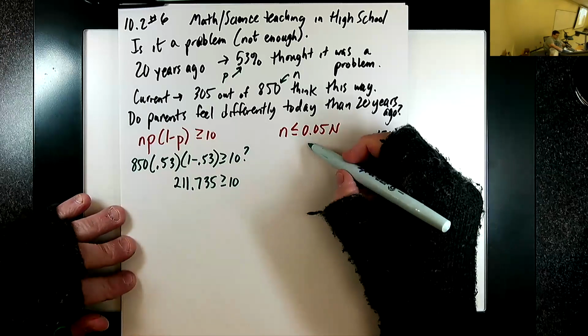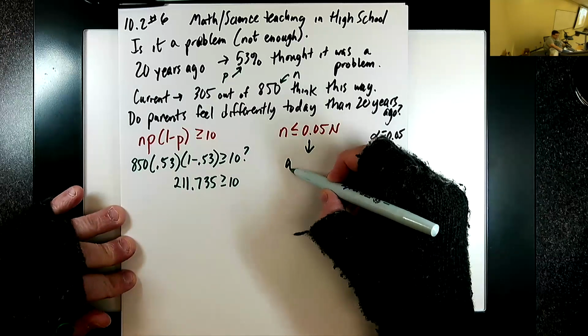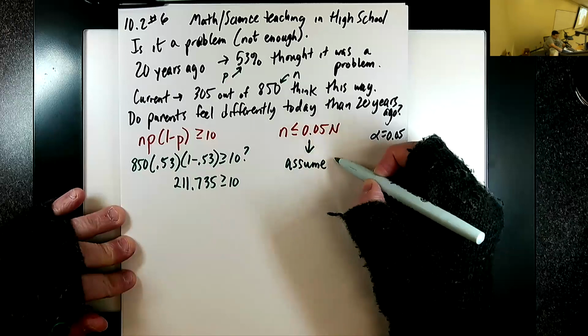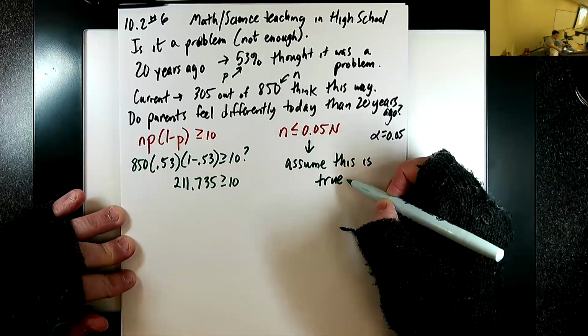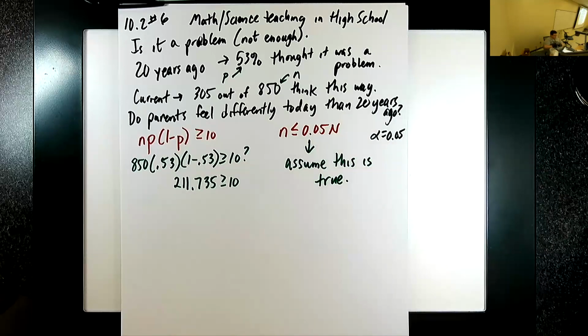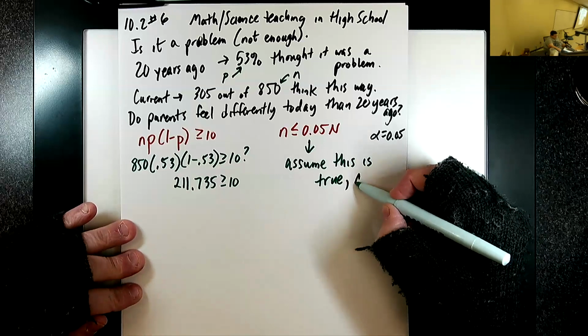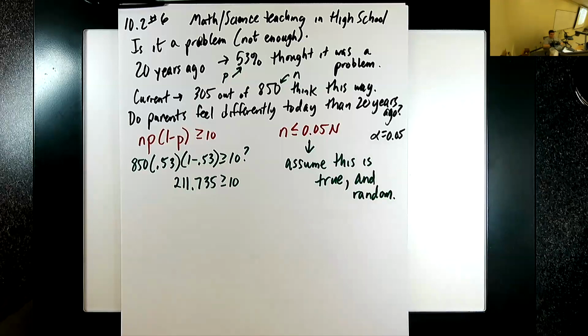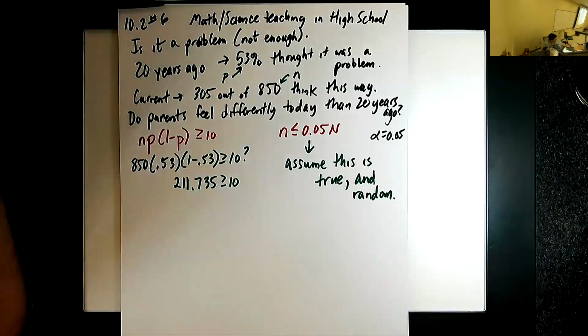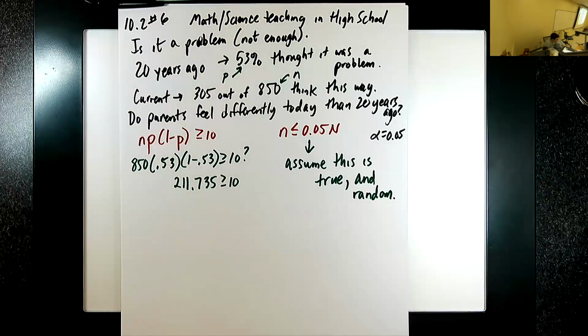So it doesn't say it, but we can assume this is true. It's a reasonable assumption. And we can assume that it's random. Those feel like safe assumptions. So we meet the criteria and we can do the test.